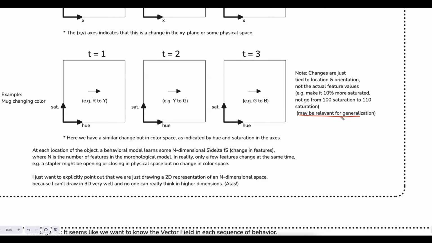The reason I'm saying this is because we don't want to learn a change for every feature. I don't want it tied to a feature so that we can generalize to a different object later. So if we learn something that goes from red to yellow, that behavior of changing color should be applicable even if the starting color was, I don't know, pink or something.